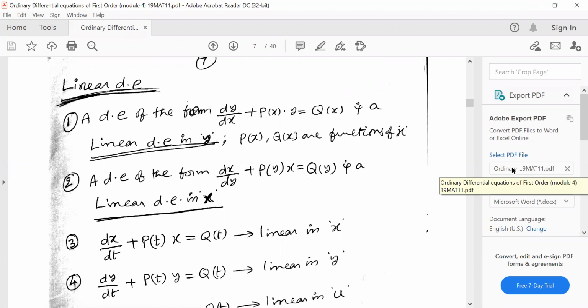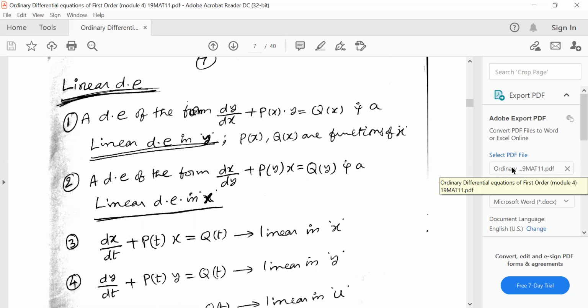A differential equation of the form dy by dx plus p of x, a function of x, into y is equal to one more function of x named q of x.